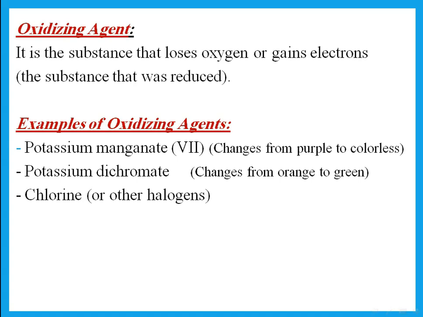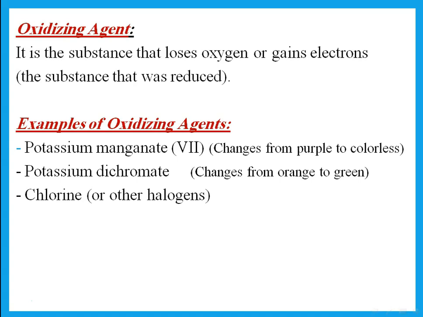So if we're looking for which one is the oxidizing agent, it is the reactant that has given oxygen or that has been reduced. In the lab or in experiments, if he says suggest the name of an oxidizing agent, remember that potassium manganate is an oxidizing agent, potassium dichromate is an oxidizing agent, halogens are oxidizing agents. You also have to remember that potassium manganate is something that changes from purple to colorless when it reacts.